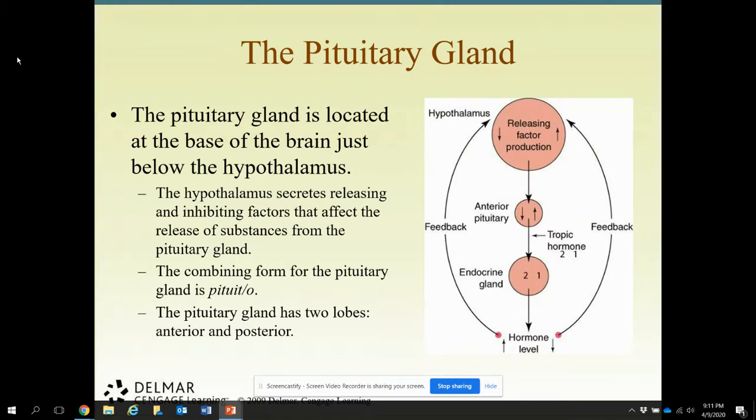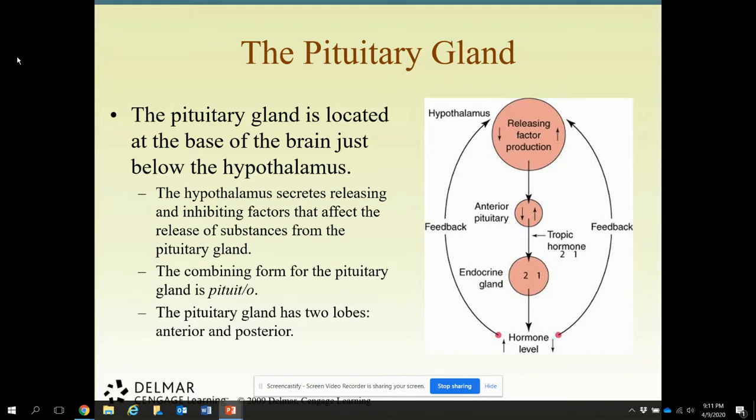The pituitary gland is located at the base of the brain, just below the hypothalamus, which we will learn about in the next unit, the nervous system. So this is a nice way to combine between the reproductive system and our next unit, the nervous system. The hypothalamus secretes releasing and inhibiting factors that affect the release of substances from the pituitary gland.